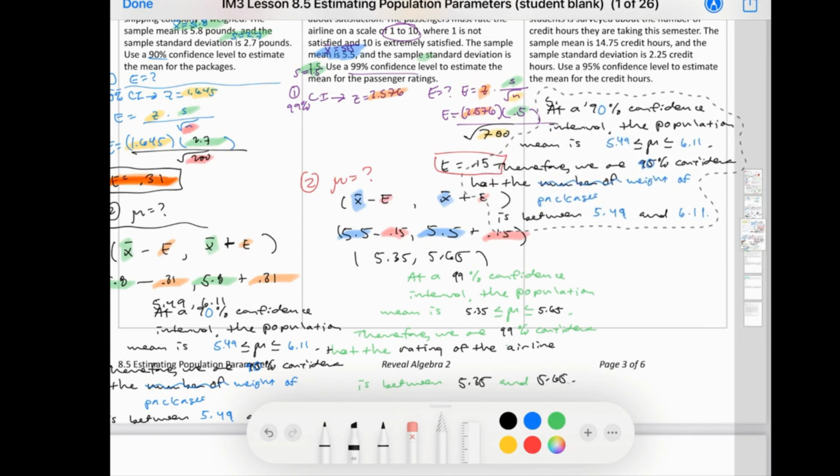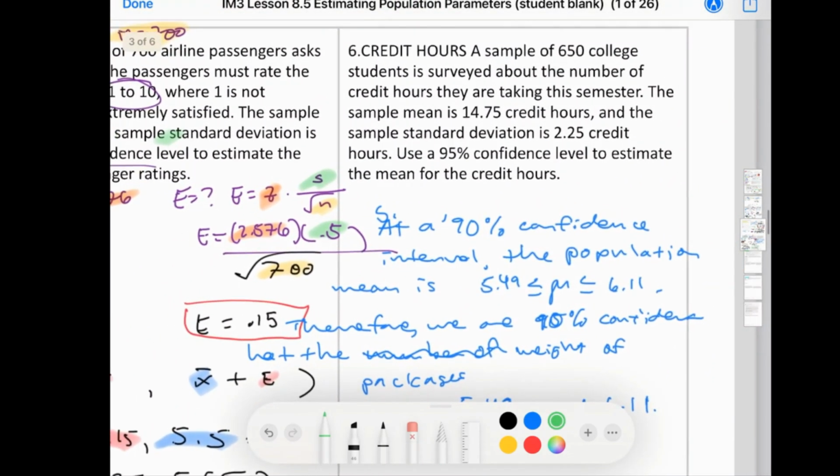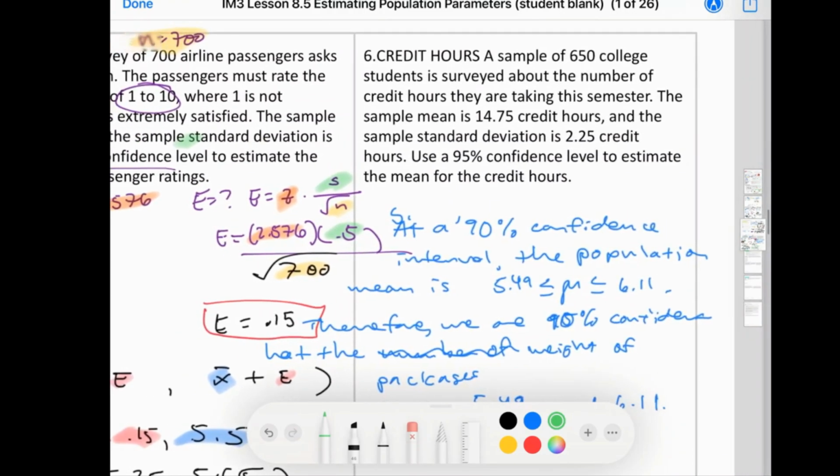What color do we like? Blue? Alright, let's do all blue. And let's just do the problem. I just want to use that for later. Okay, question number 6. Credit hours. Sample of 650, n equals 650.